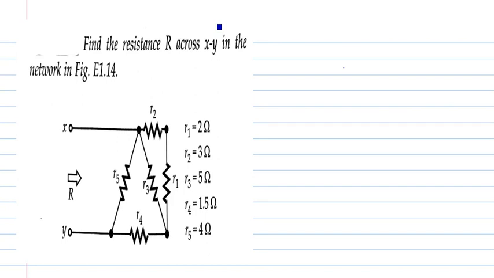So the first numerical says: find the resistance R across XY in the network. Here we will start solving this circuit from the right hand side. Now we can see R2 and R1 are connected in series, so the circuit will be formed in this manner.